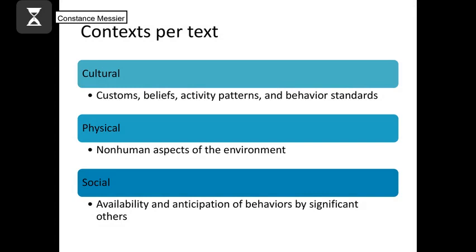It's important that we recognize as practitioners that contexts can influence skill acquisition. And if we look at the different contexts, the cultural context, customs, beliefs, activity patterns, and behavioral standards, we know that definitely shapes skill acquisition.